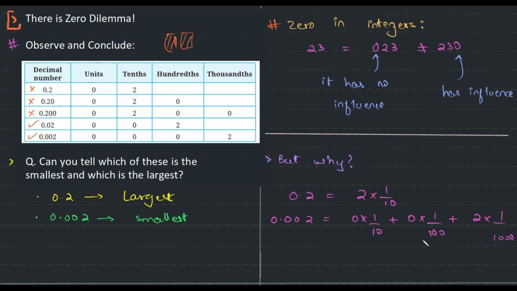So clearly 2 by 10 is greater than 2 by 1000 parts, is it not?